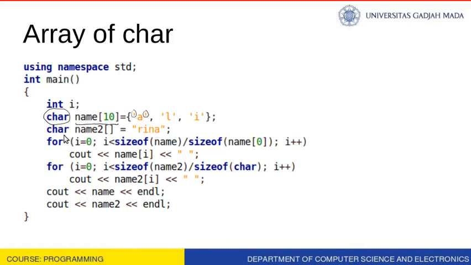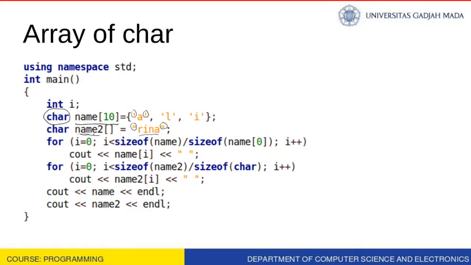And then the second array is still an array of char, but we can put the value of this array by using double quotation and directly write the word. These two types of array declaration have the same result.